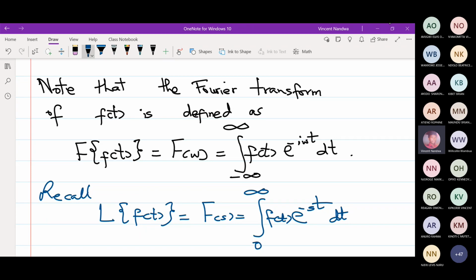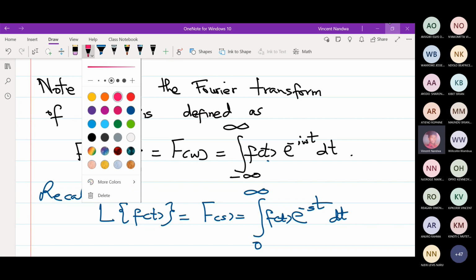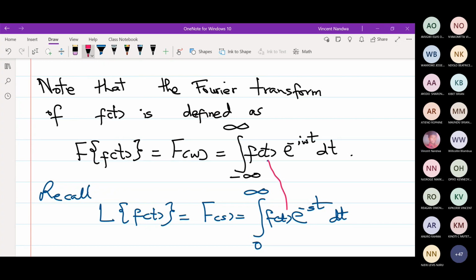And the structure here, the function f of t in both transforms occupies the same position. And this kernel, the only variation is that in the case of the Fourier transform, instead of having s, we have the factor i omega.